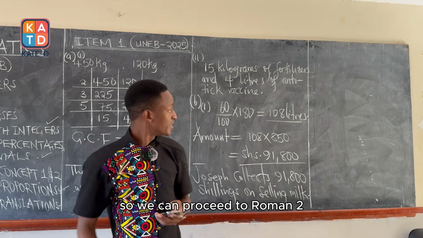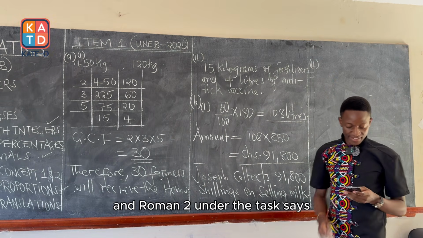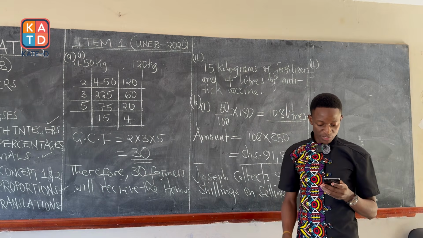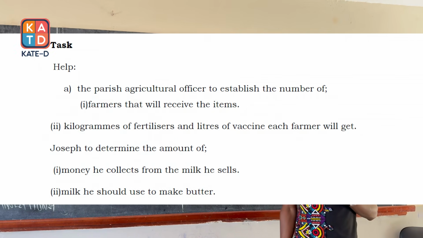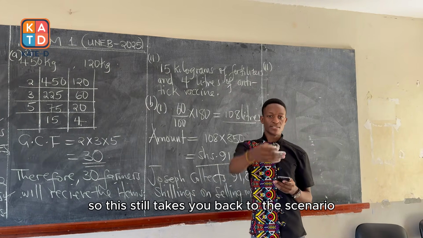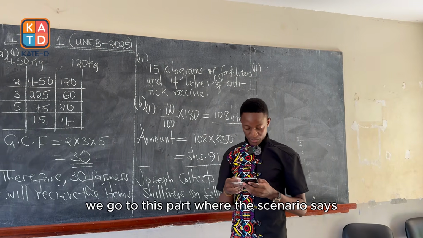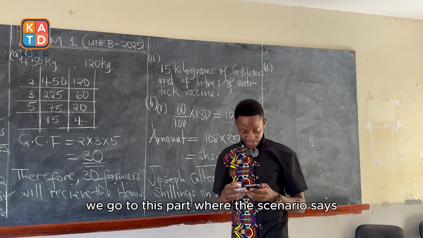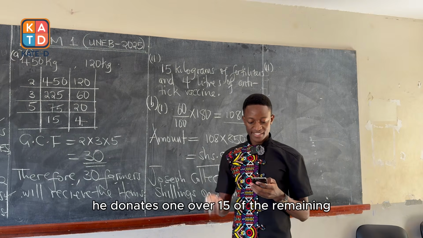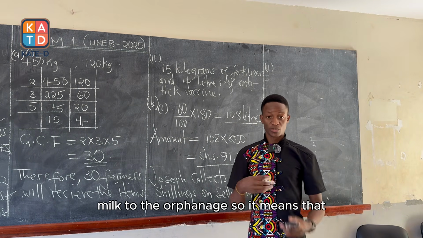So we can proceed to Roman 2. And Roman 2 under the task says, help Joseph to determine the amount of milk he should use to make butter. So this still takes you back to the scenario, which is the second part of the scenario. We go to this part where the scenario says he donates 1/15 of the remaining milk to the orphanage.